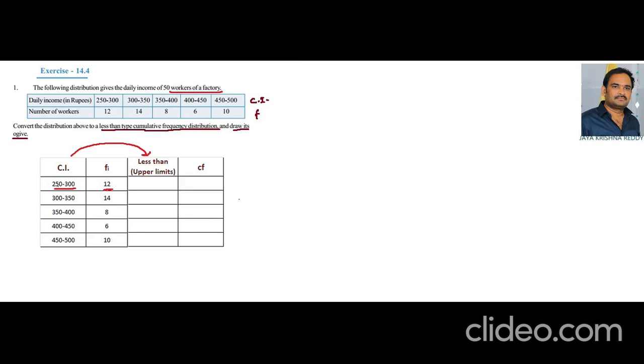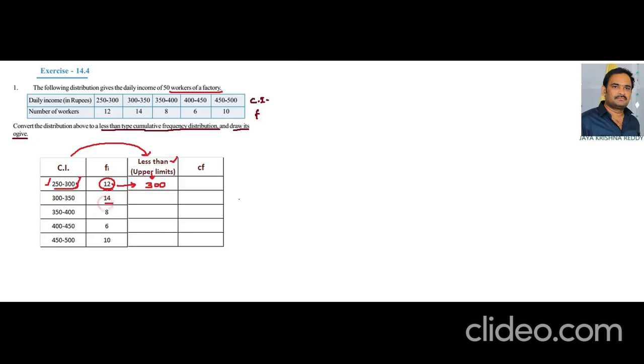That means the income of these 12 workers is less than 300. So in this third column we write 300, which means these 12 workers' income is less than 300. That's why we take this column heading as less than.